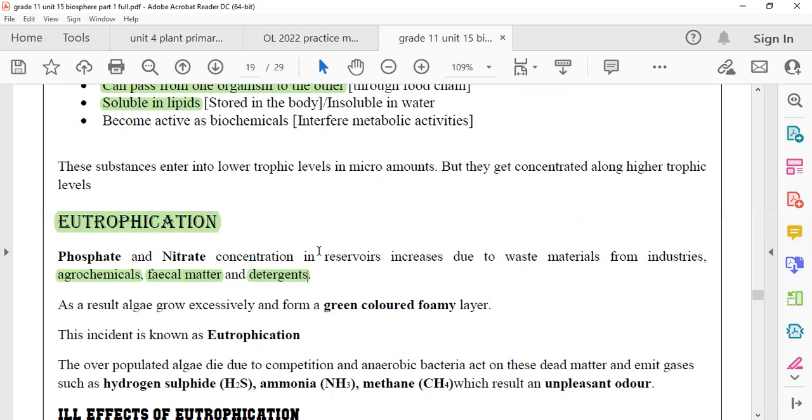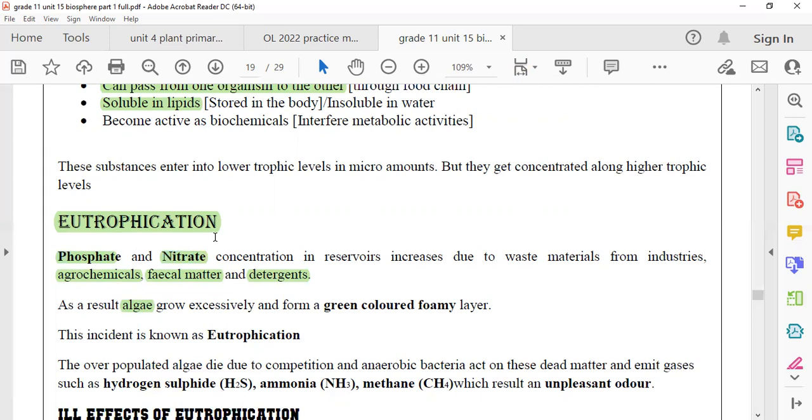And you can add one more material, urine. Urine has nitrogen in it. When these materials are mixing in the water, some lake, some pond, some river, in that water there is already alga. Alga prefers phosphate, nitrate, like chemicals for their growth.